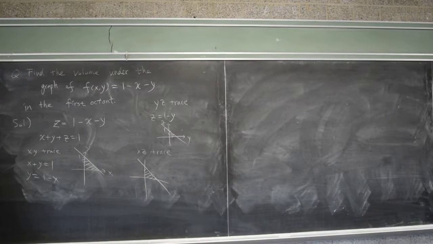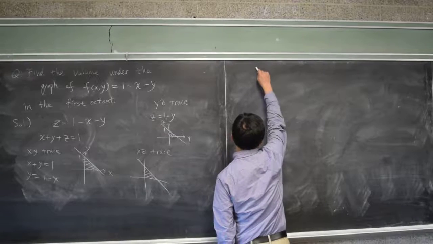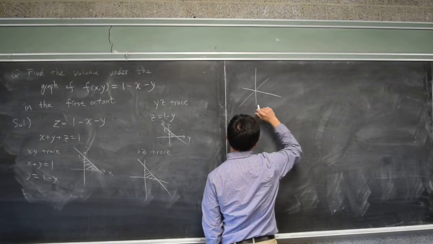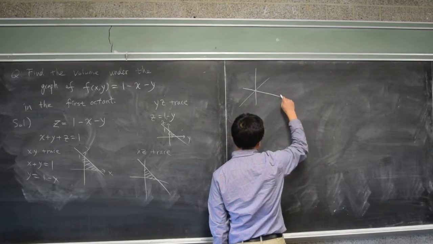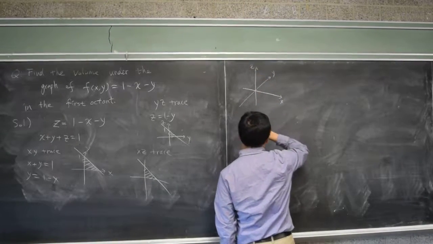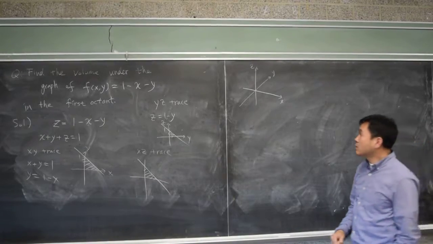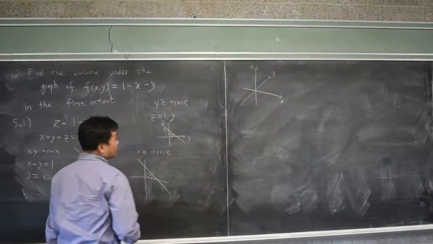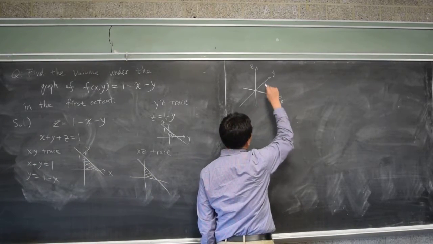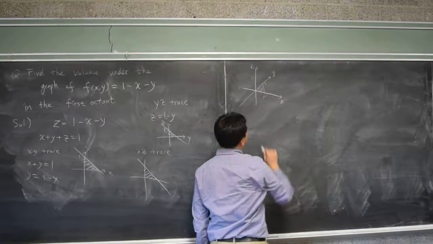Now, can you imagine what kind of graph that is? Let's say this is x, and that's y, and that's z. The xy trace is 1 here, and it's this triangle at the bottom.